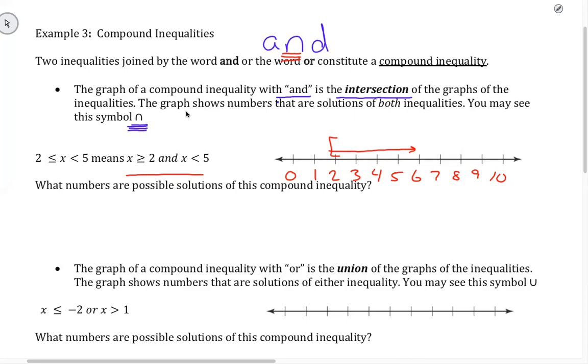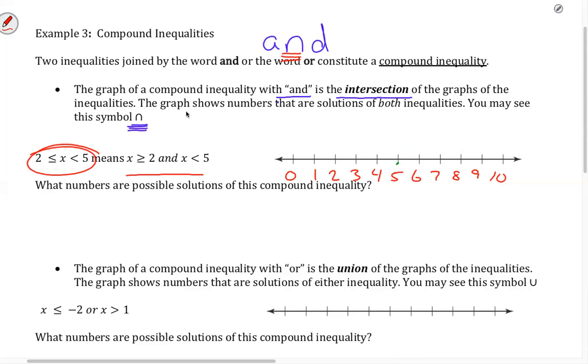Now, because it's the intersection, I have this other piece that x is less than 5. That's the bracket, and I'm shading this one. You can see that they overlap right here. I'm not a big fan of doing both of those like that, so I like this form.